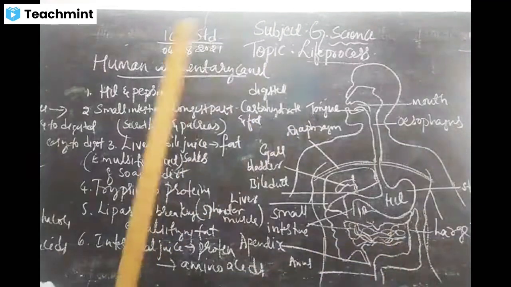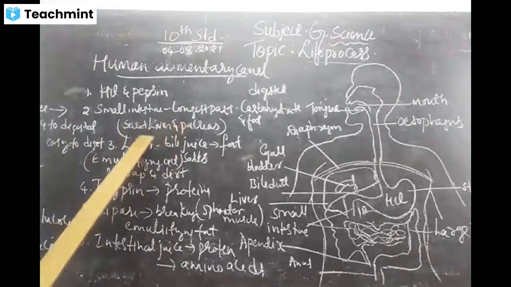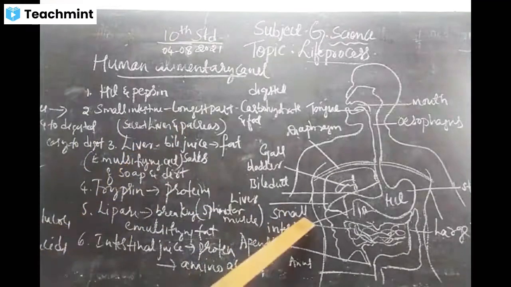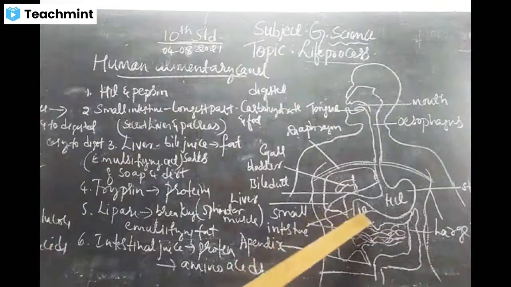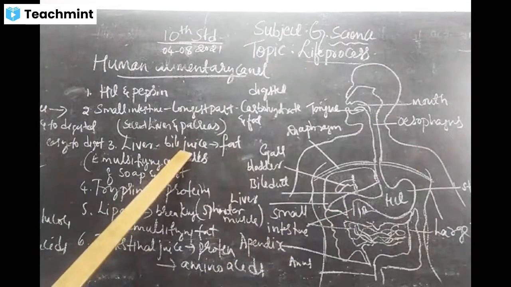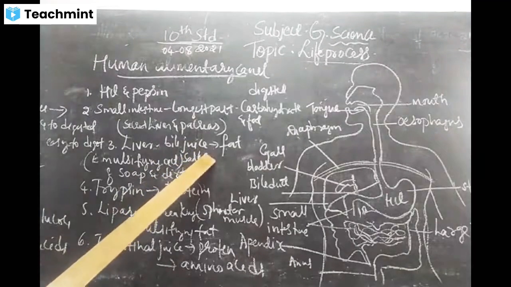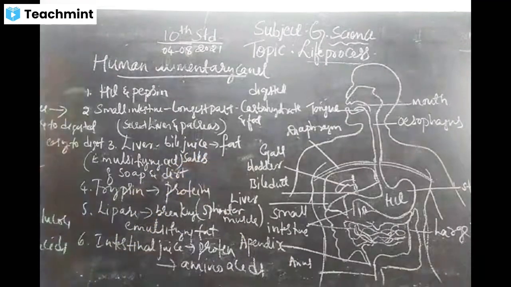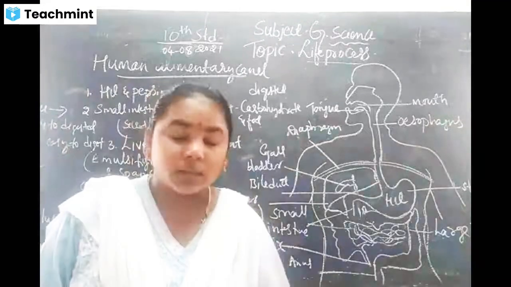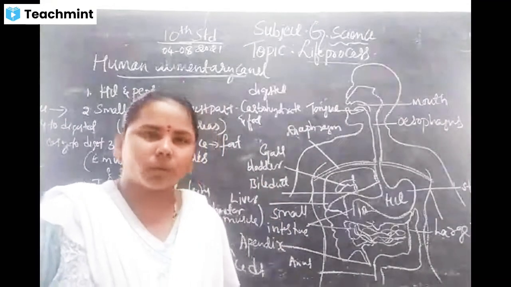There are kinds of enzymes present in the small intestine, mainly from the liver. The liver is a part of the human body. The liver secretes a juice called bile juice as well as bile salt. The bile salt is helpful to emulsify the fats in the body.